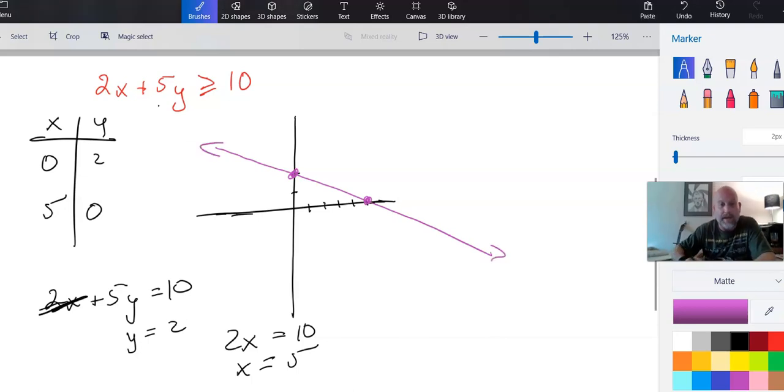Right? Okay, now we need to figure out which side's true. Well, 0, 0 is available to us, so we can test this one. So that means 2 times 0 plus 5 times 0 is greater than or equal to 10.